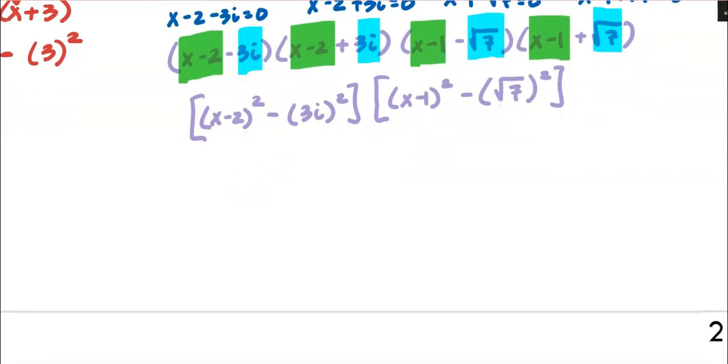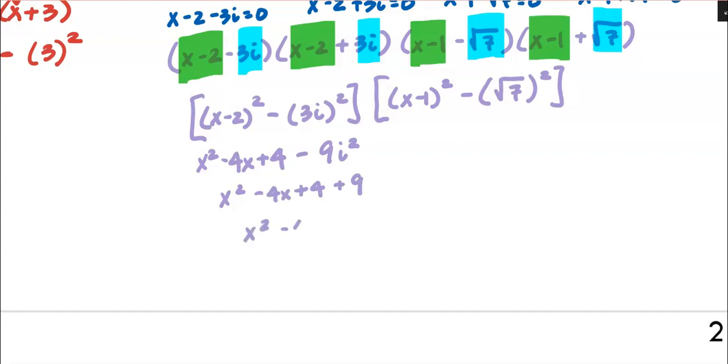So we have an x squared minus 4x plus 4, and that is going to be minus 9i squared. That's going to be a plus 9.